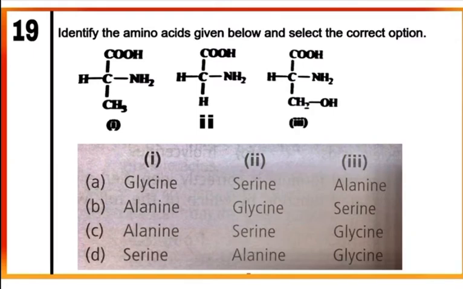If it is hydrogen, H as in formula 2, it is glycine, and if it is hydroxymethyl CH2OH, then it is serine as given in formula 3. So, correct option is B. 1 is alanine, 2 glycine, and 3 serine. So, mark B as a correct answer.